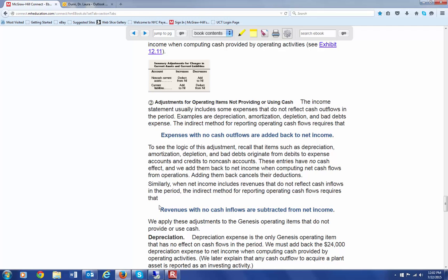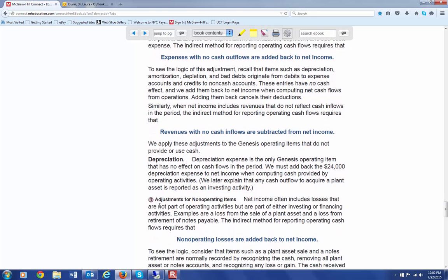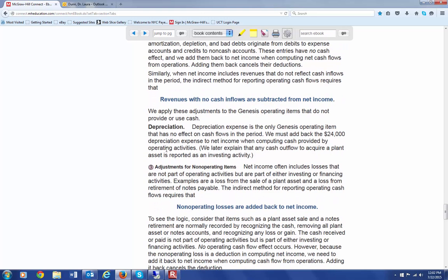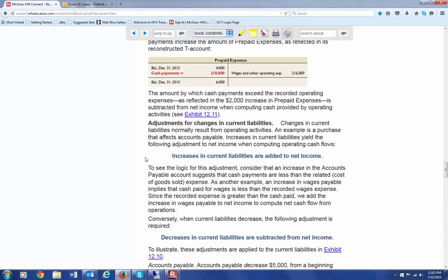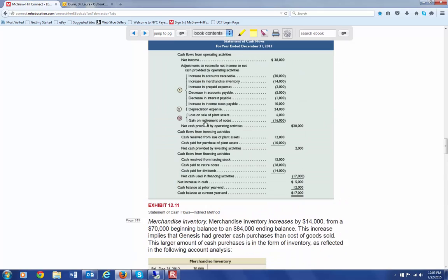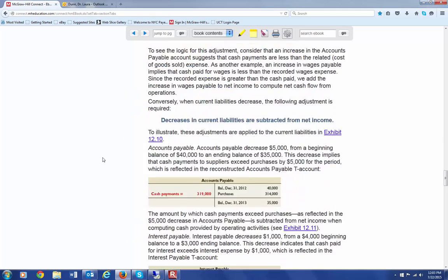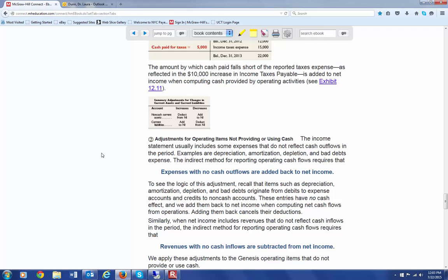It'll make more sense the more statements that you do. But the biggest example of that is probably depreciation. Depreciation expense does not affect cash flow, so we add back the depreciation expense for the period. So let's go back up to our statement, and you see depreciation expense is being added back to the net income figure.